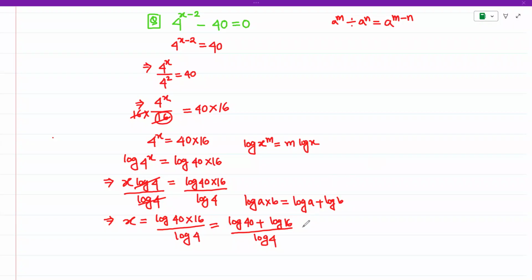That means we can write that x equal log 40 over log 4 plus log 16 over log 4.